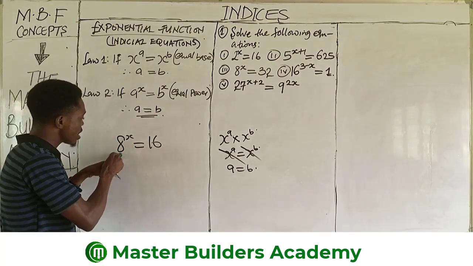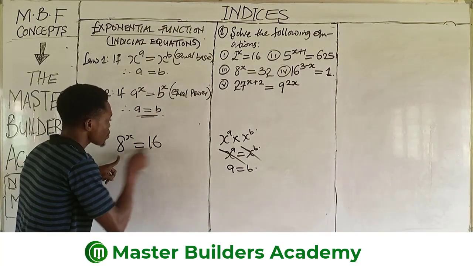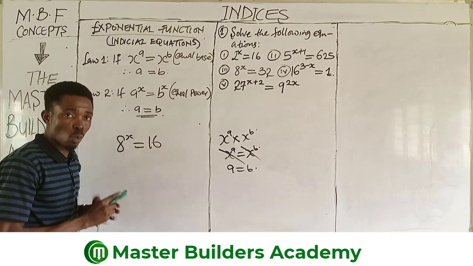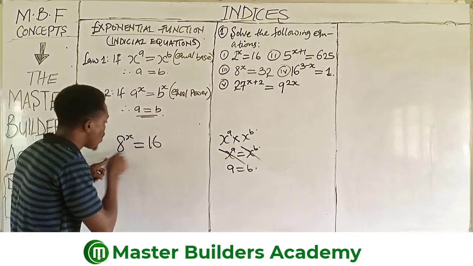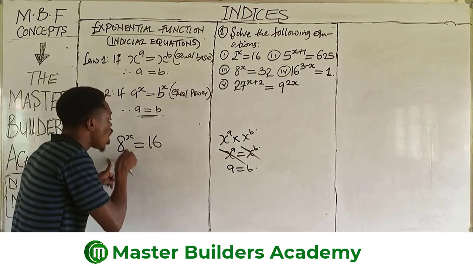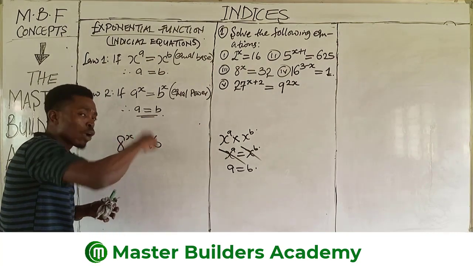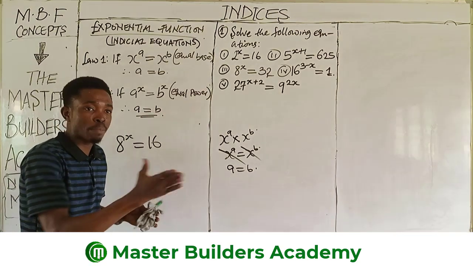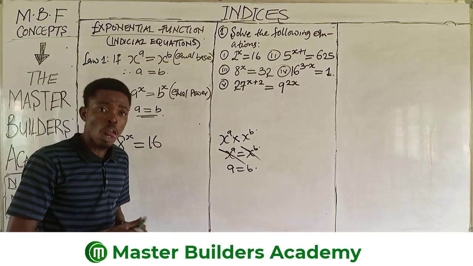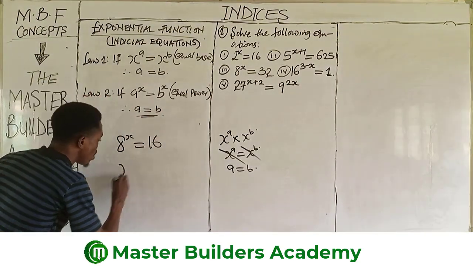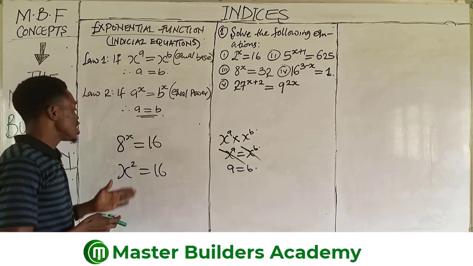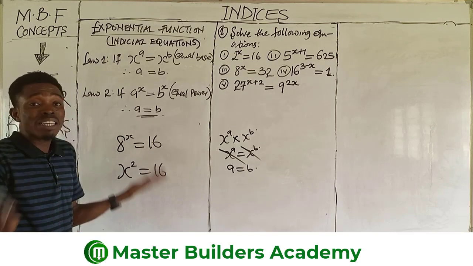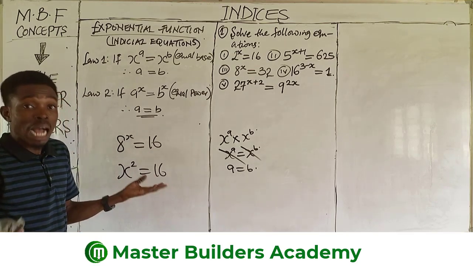In this case, you see that the bases are numbers, while the power is a variable or a letter. So anytime you have the base as numbers, all you need to do is find a way to make the base at both the left hand side and the right hand side equal. But when you have it this way, and then I have something like this, all I need to do is make the powers the same.